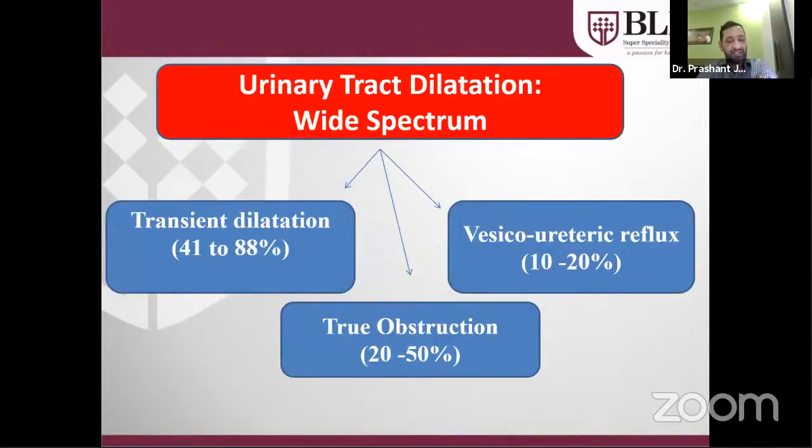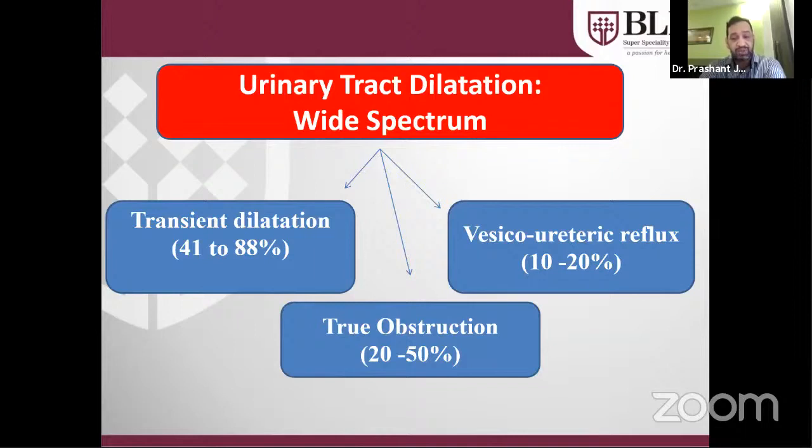Now, as I've said, there can be a very wide spectrum of urinary tract dilatation. It can vary from transient dilatation, which can be seen in around 40 to 90% of cases. It can be true obstruction, which can be seen in 20 to 50% of cases, and this true obstruction can finally lead to obstructive uropathies.